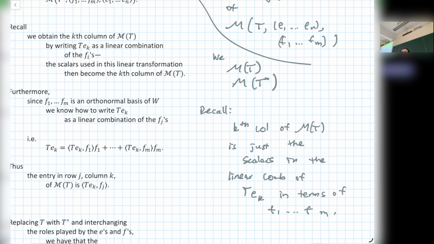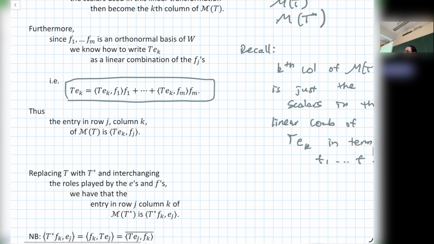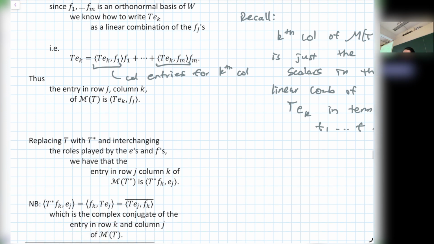So if you write T(E_k) like this, these objects over here are going to be the column entries for the kth column. It basically is the kth column.